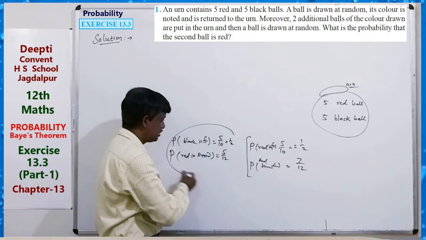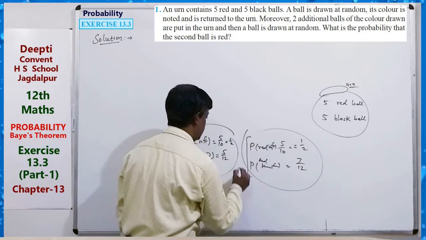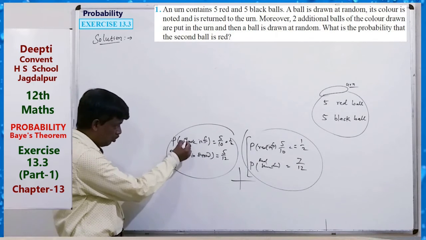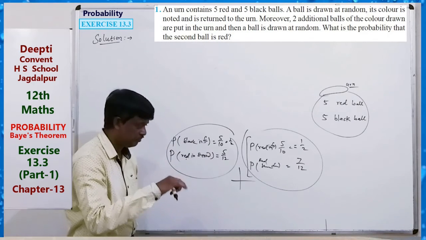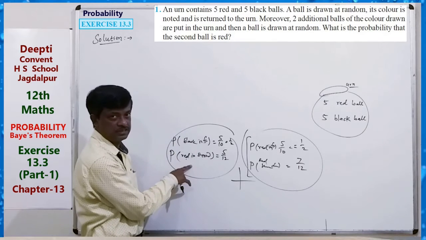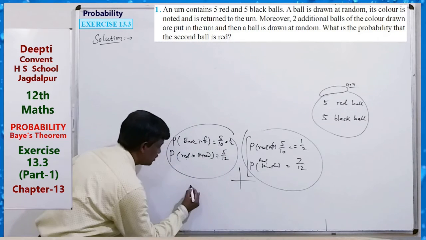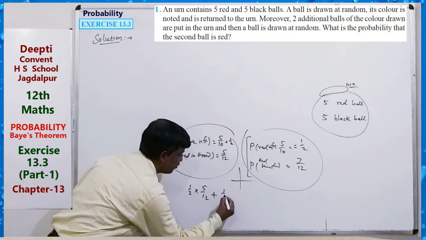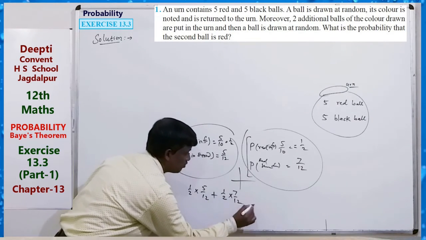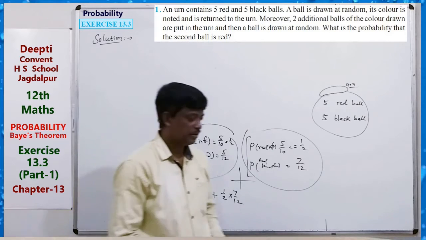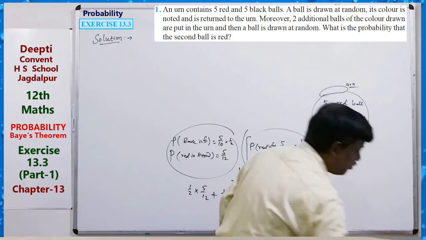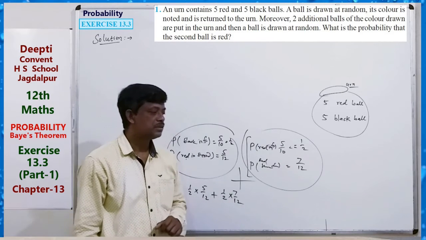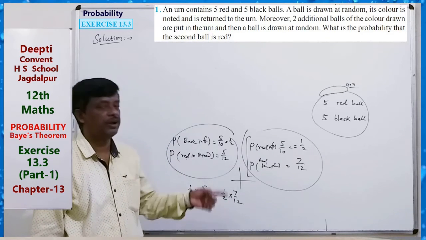Maybe this situation, maybe that situation. Either this or this, both are added together. First this, then this, so this into this. That is 1 by 2 into 7 by 12 plus 1 by 2 into 5 by 12.